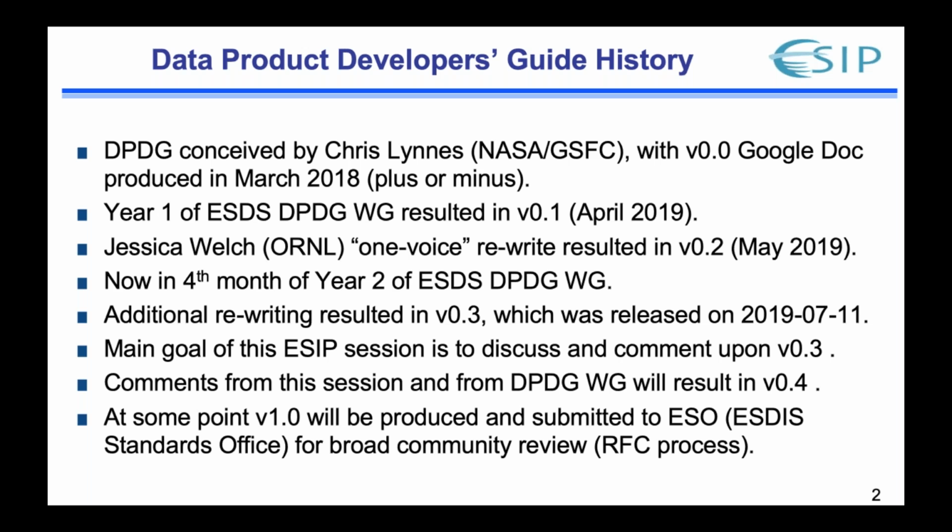It's released to 2 audiences. The working group will comment, and it's also being released today to this ESIP session, which actually includes several members of the working group, I believe.